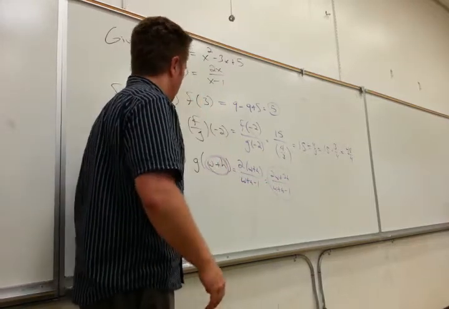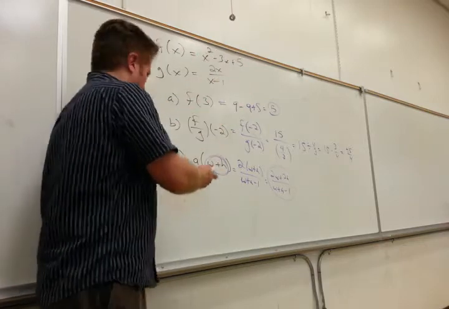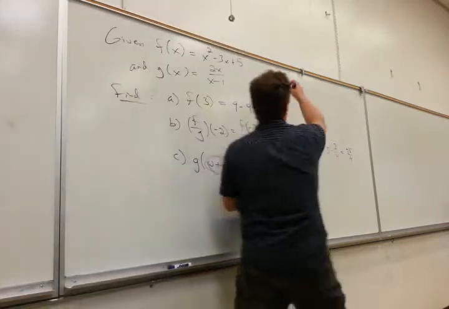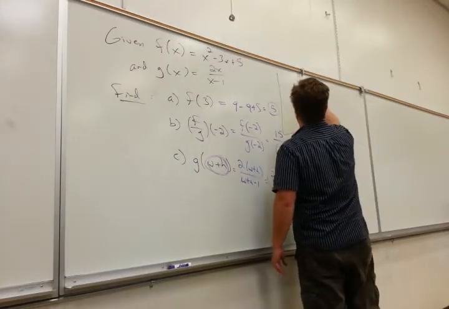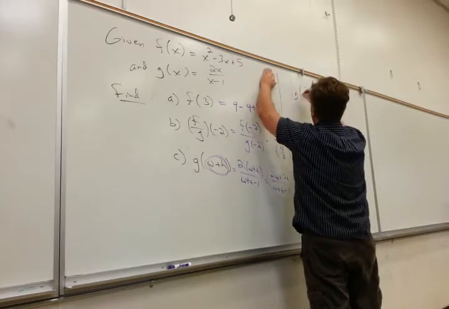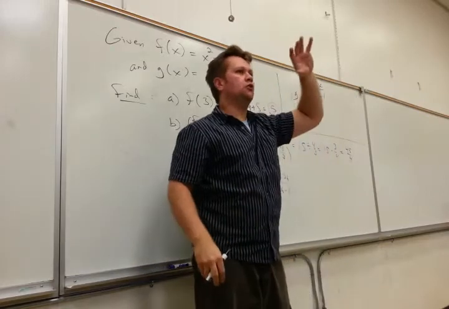So, the idea with functions is, and people always have trouble with this, it gives you a template. I like it. It gives you a format. Let me look at the G again. The x is really just a placeholder.